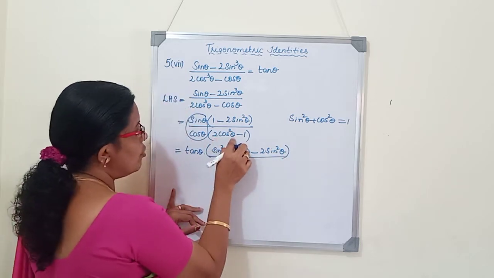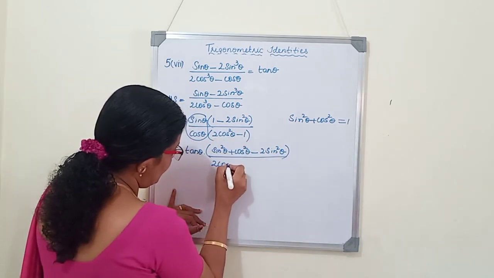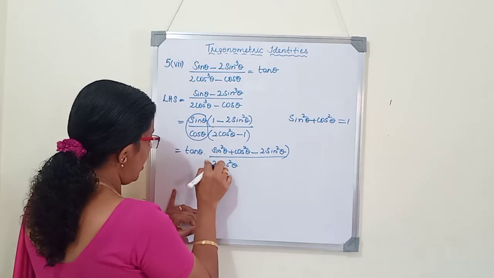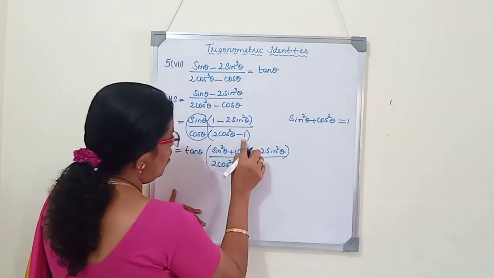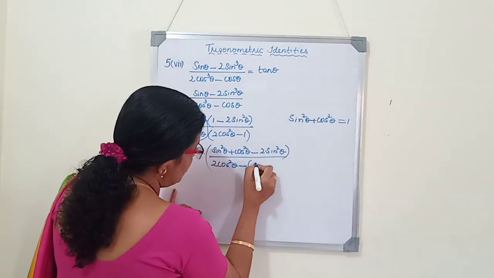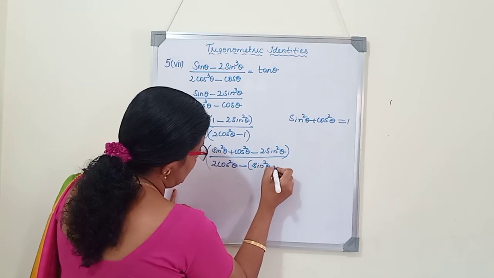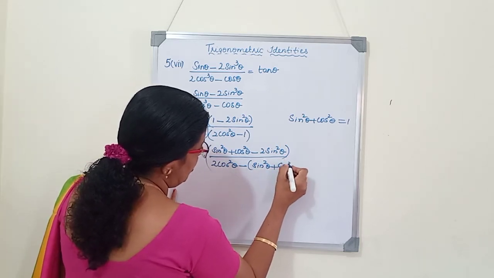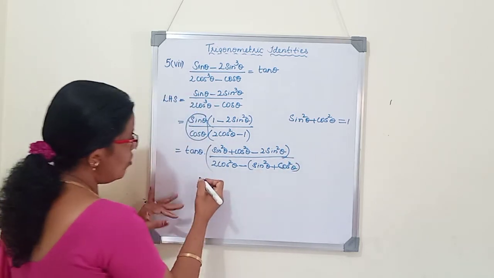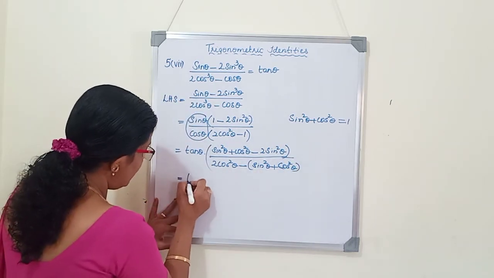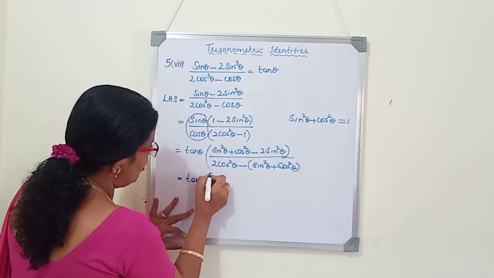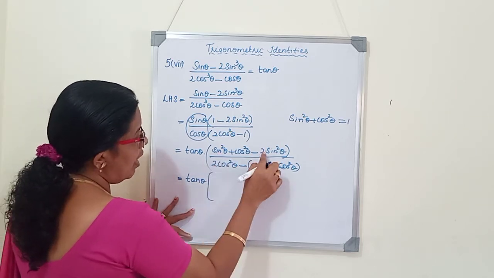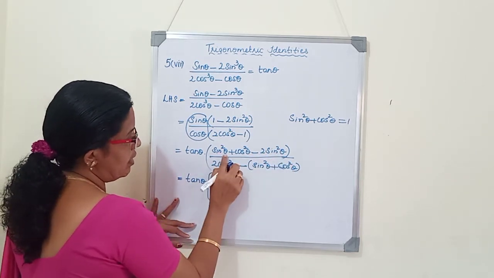The last term as it is, divided by 2 cos square theta as it is. This is in bracket minus 1. What is 1? Sin square theta plus cos square theta, as it is a binomial, write it in bracket. Now, we will write tan theta as it is into sin square theta minus 2 sin square theta, it is minus sin square.